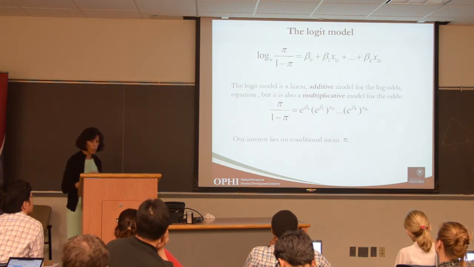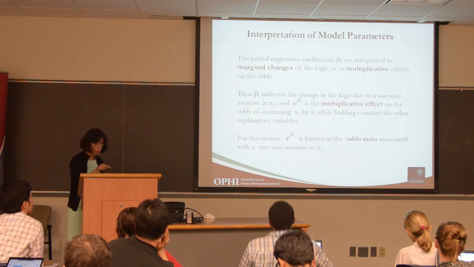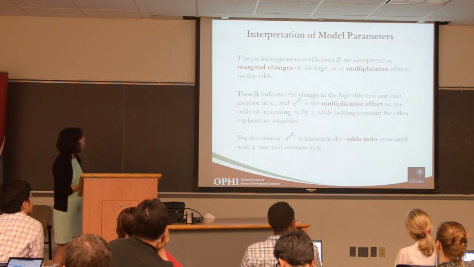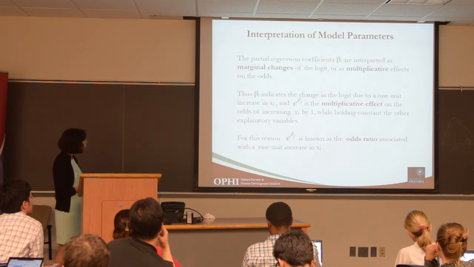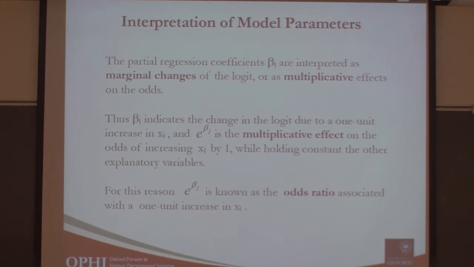So the interpretation comes here. We can have these partial regression coefficients interpreted either as marginal changes of the logit, the log of the ratio, or as multiplicative effects on the odds. The odds is without the log. It's just the chances of being poor divided by non-poor, without the log.